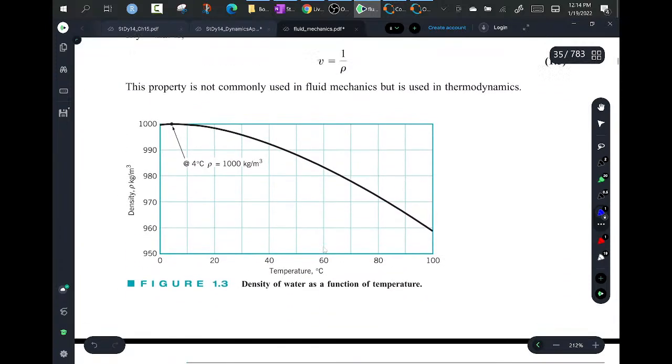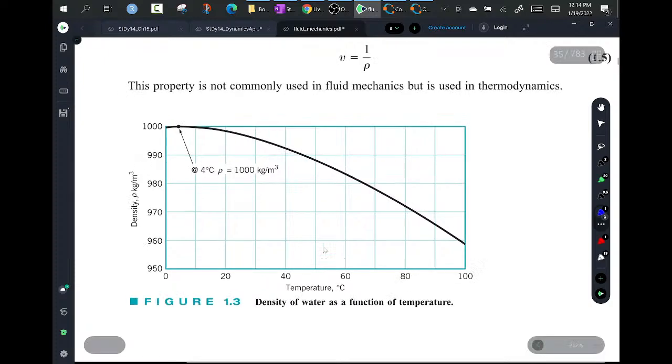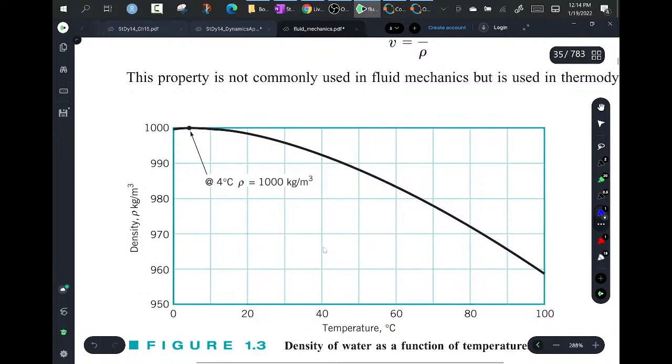So here you go. You're looking at water. Water has an interesting behavior, and it's really minor, but it sometimes is major. If you've ever heard of a lake turning over, this is possibly one concept. The density reaches a maximum. This is in SI, of course, and this is the basis of how they decided what this should be.